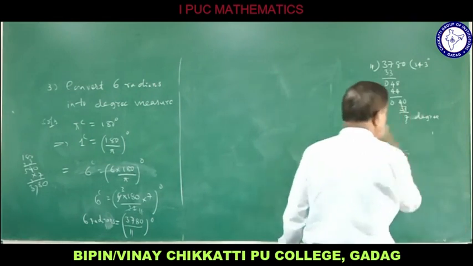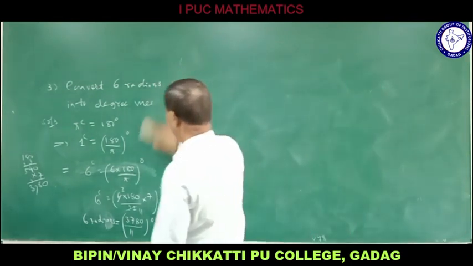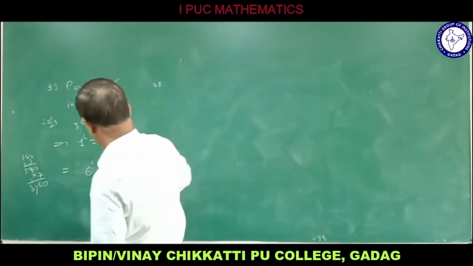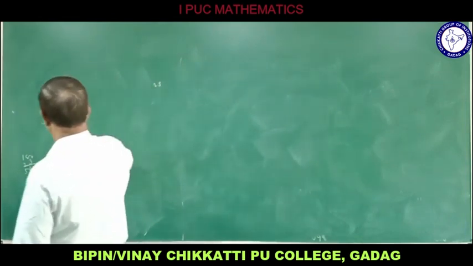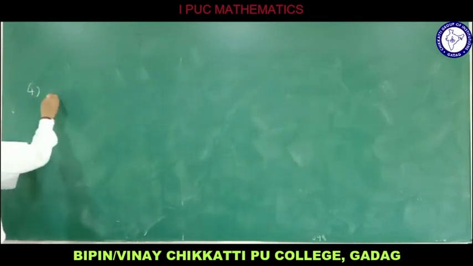radians to degrees. Now I am going to explain one more theoretical problem. Theoretical in the sense, essay type problems that I want to discuss. What is the essay type? Look, this number 4.